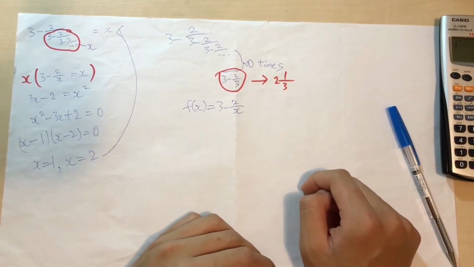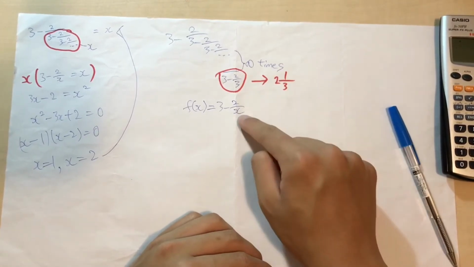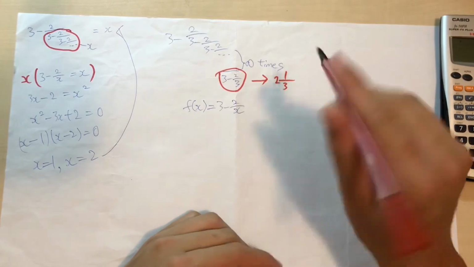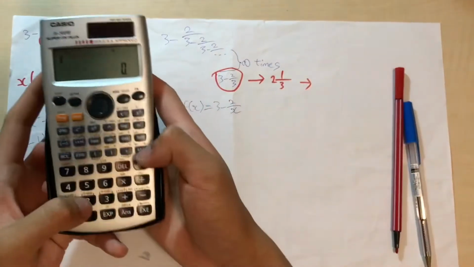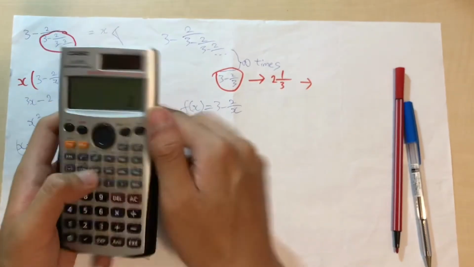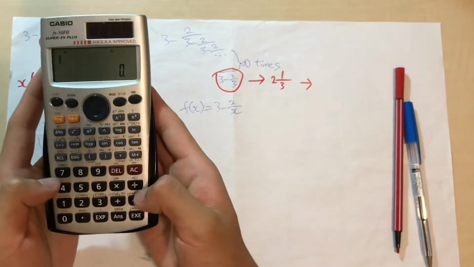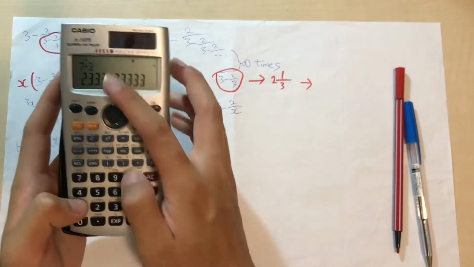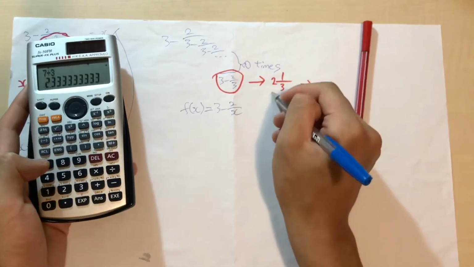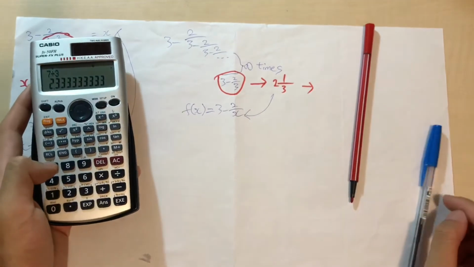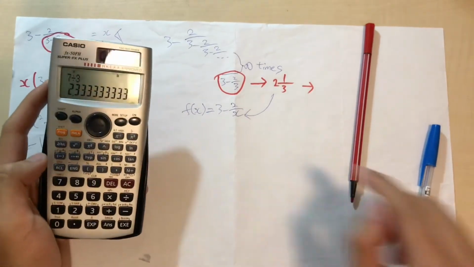And then this is our new x. We substitute that in. What do we get? 2 over 2 and 1/3 is the same as 7 divided by 3, and then that's our new x. We substitute that in, so that we have our second iteration.